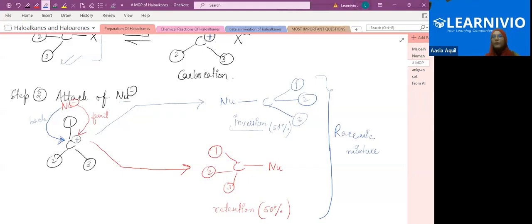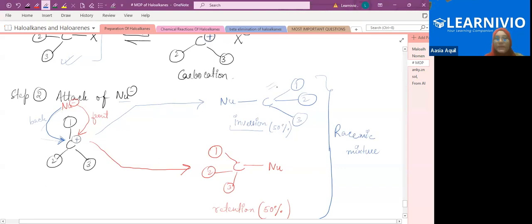But when the nucleophile attacks from the back side, the orientation of the molecule is different; it becomes inverse. So the nucleophile is attached to the left side of the carbon, and you will get this type of product. That's the inversion product.